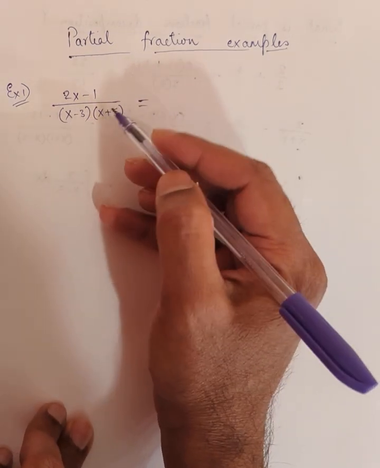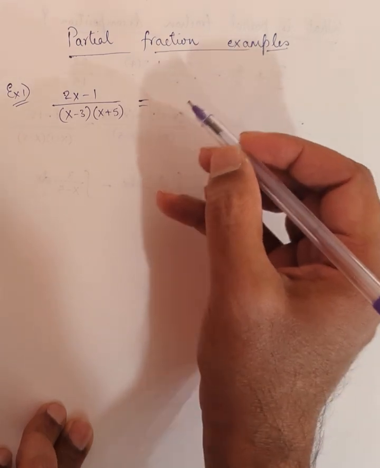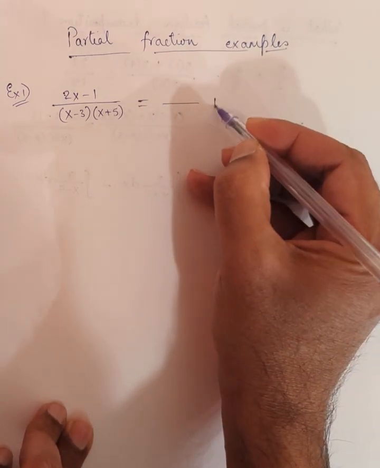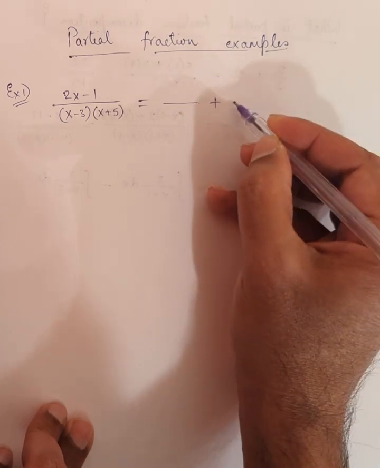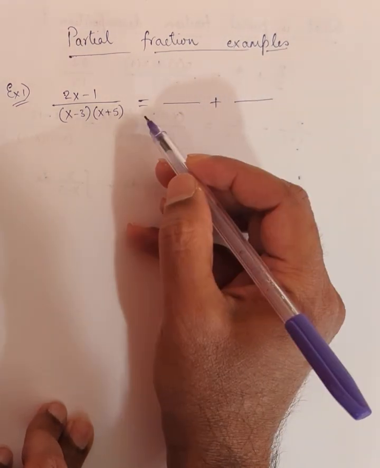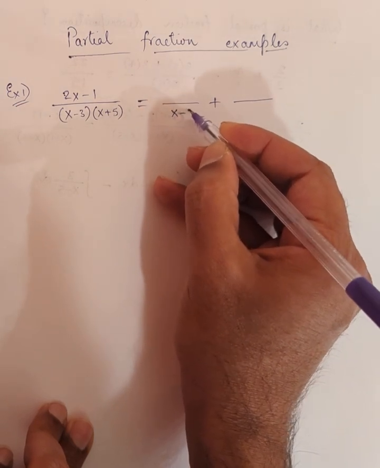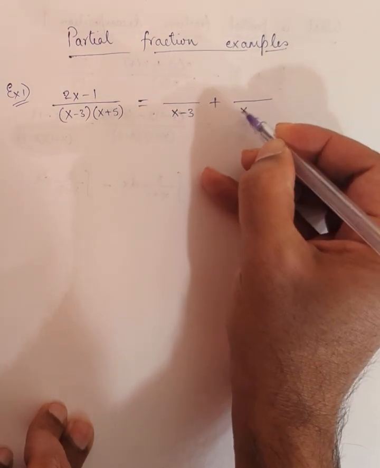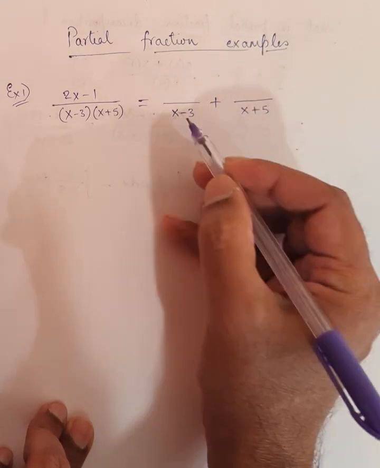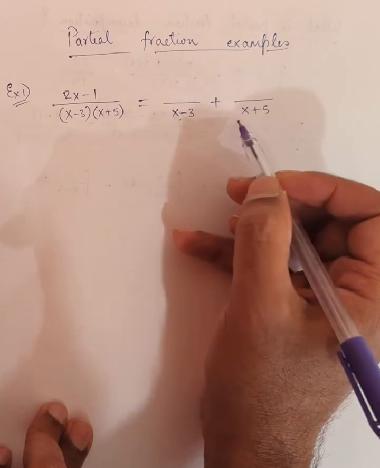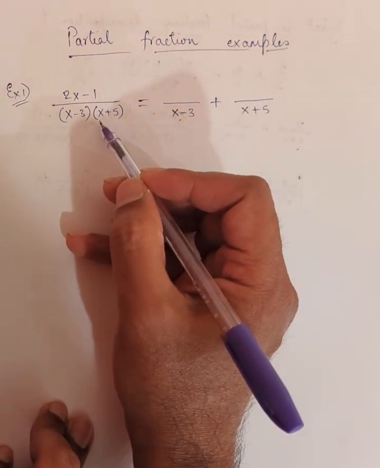So if you have a proper fraction, then you want to think of this as a sum of two proper fractions. And what about the denominators? Well, it looks like your component fractions should have denominators of x minus 3 and x plus 5, because when you take the common denominator, you're going to get this.